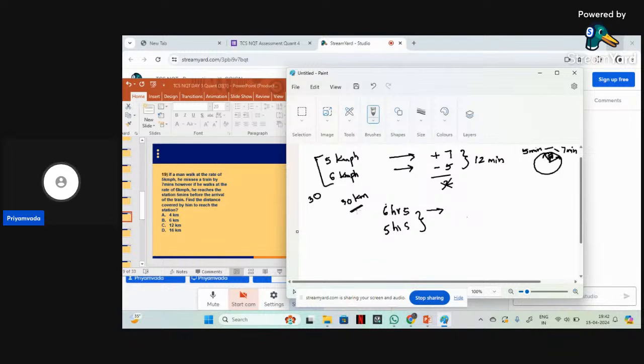So what we'll consider is, if the distance is 30 kilometers, they have a time difference of 1 hour. 1 hour means how many minutes? 60 minutes, right? Then here, what is the scenario we got? 12 minutes.